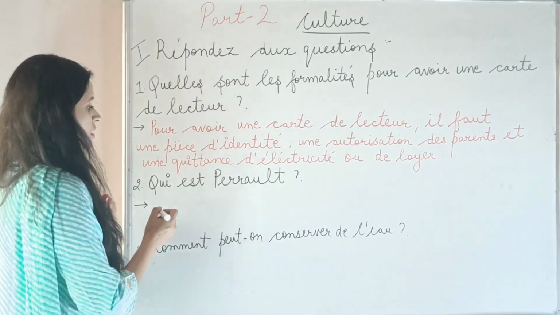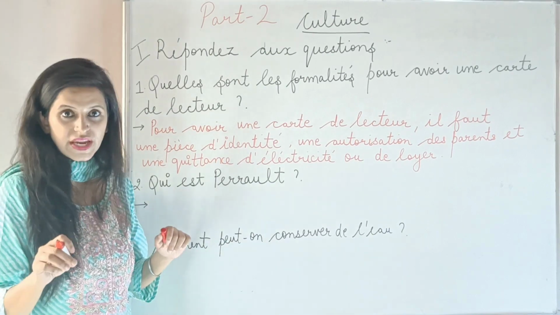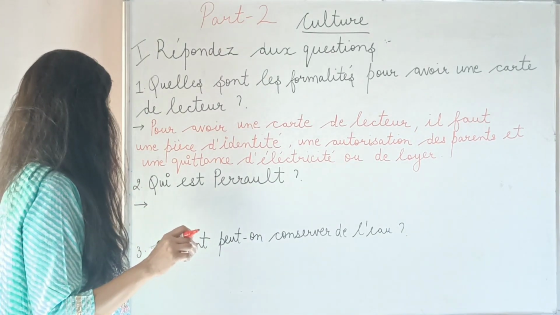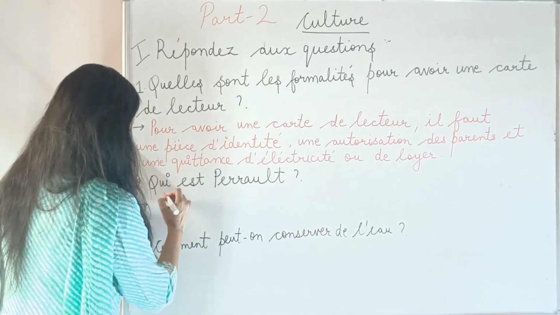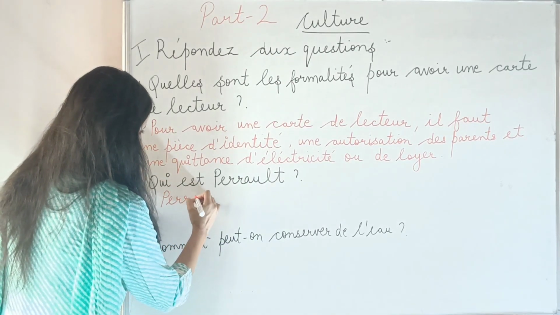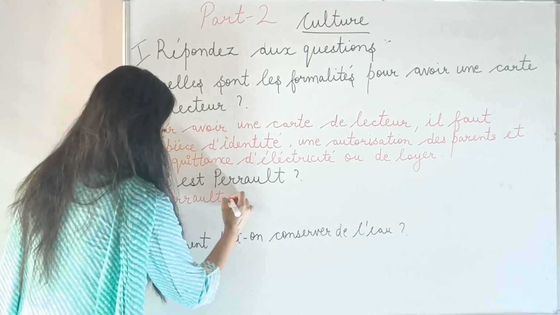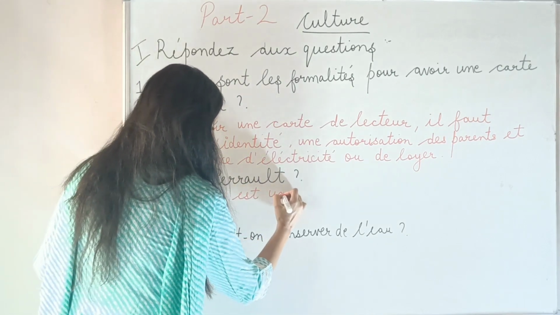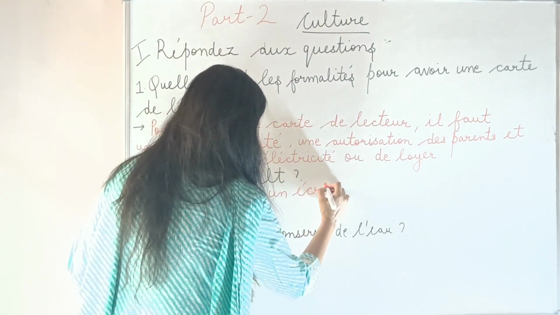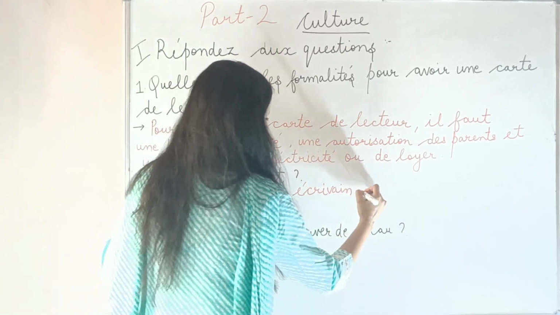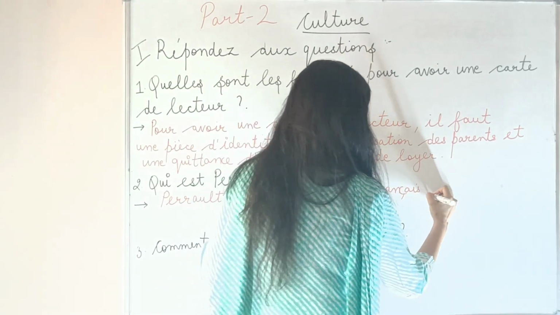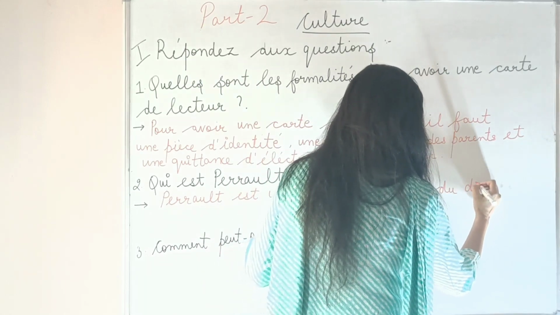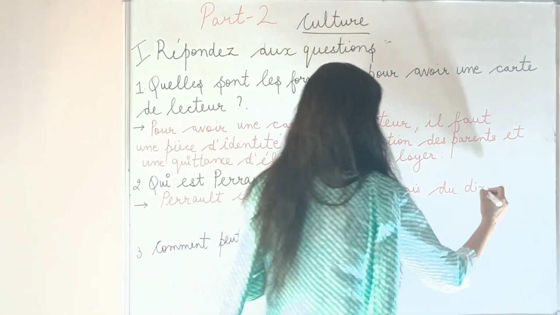Qui est Perrault? The questions on authors are also very common. You should know who has written which book. That is very common. So what we can write while describing Perrault: Perrault est un écrivain français du 17e.